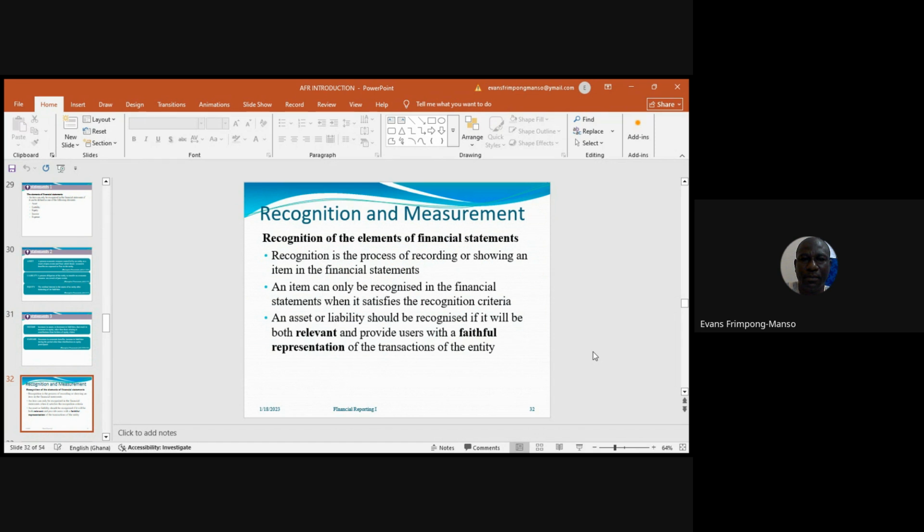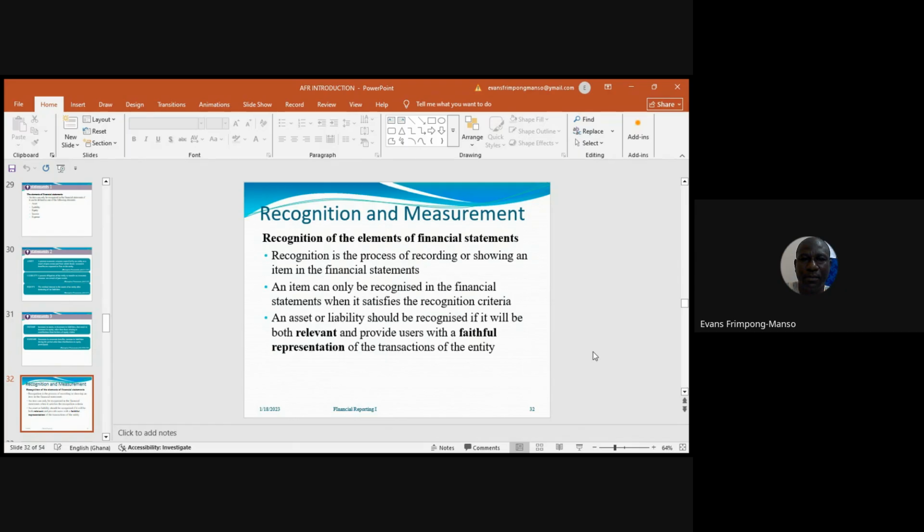Because if you don't know the cost, how much are you going to record it on the face of the account? So taking it onto the face of the account is what we term as recognition. Recognition is the process of recording or showing an item in the financial statement.